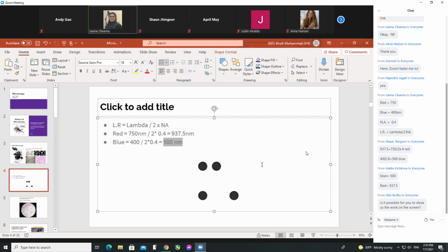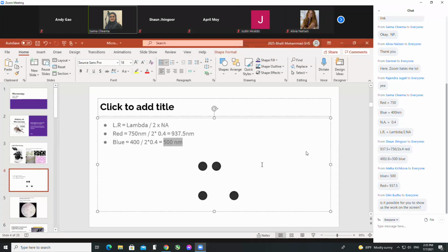Generally, and I want you to look this up, as we go through our objective lenses, the numerical aperture gets better and better. The oil immersion lens combined with oil would have a numerical aperture of 1.25.